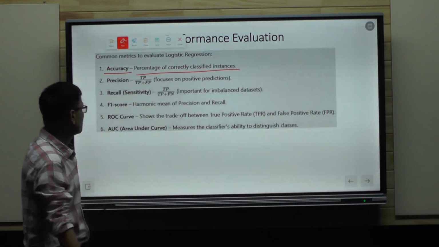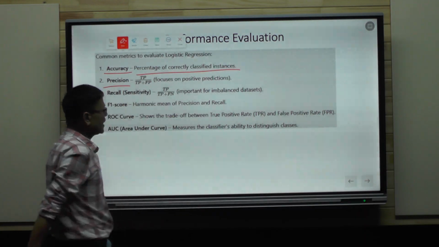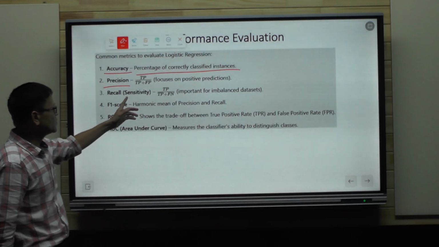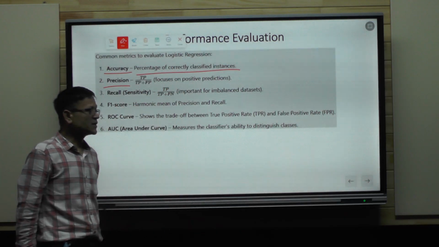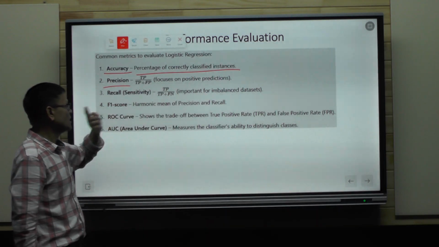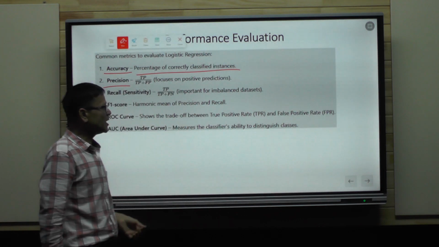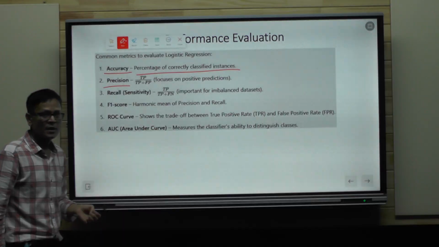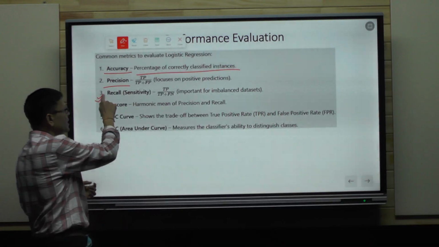Precision is true positive divided by true positive plus false positive; it focuses on positive prediction. The recall is sensitivity, and that matters for imbalanced data. If an imbalanced data set is there, recall becomes very important.